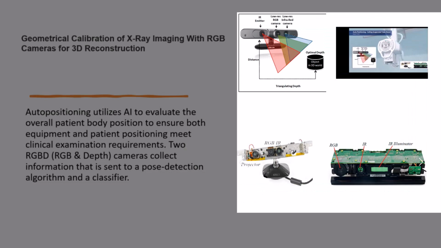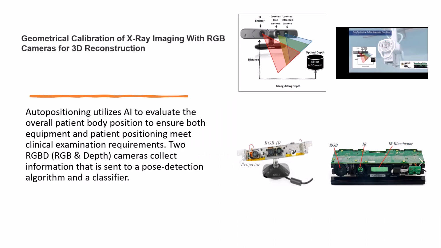A camera scans the patient, and this is utilized in auto-positioning. Auto-positioning utilizes AI to evaluate the overall patient position to ensure both equipment and patient positioning meet clinical examination requirements for the exam selected.